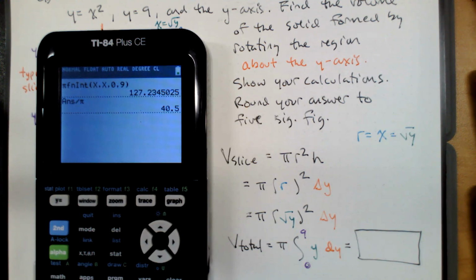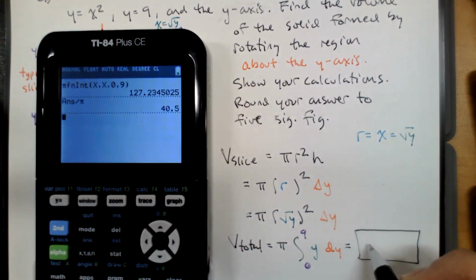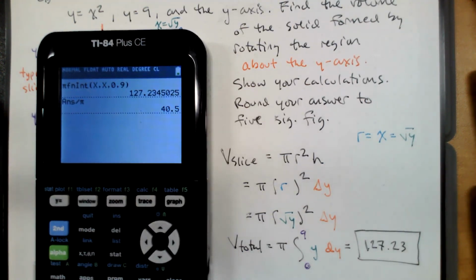But I said round to 5 significant figures, so we'll just write 127.23. Question?